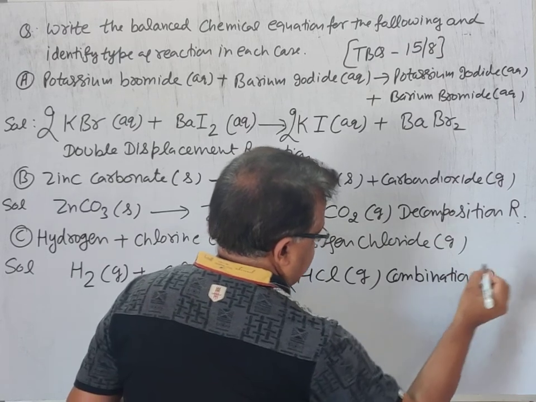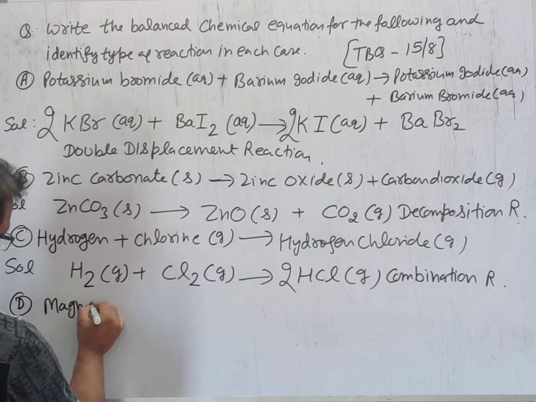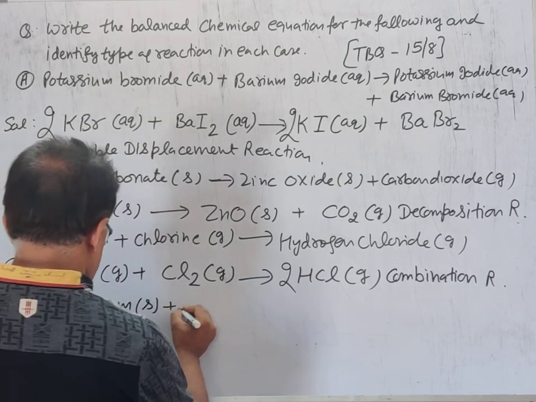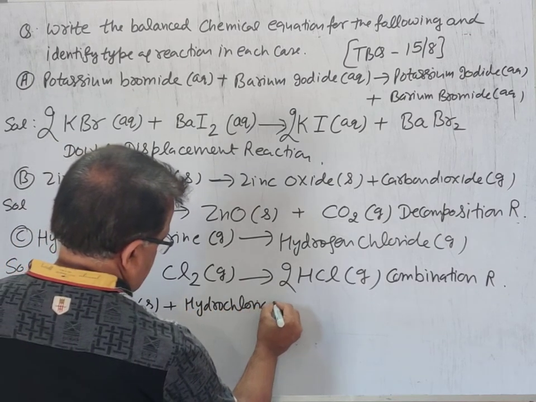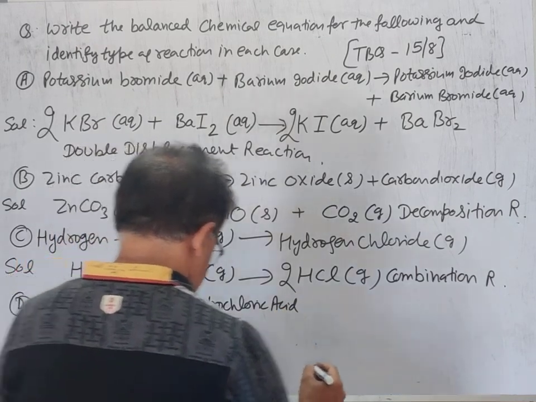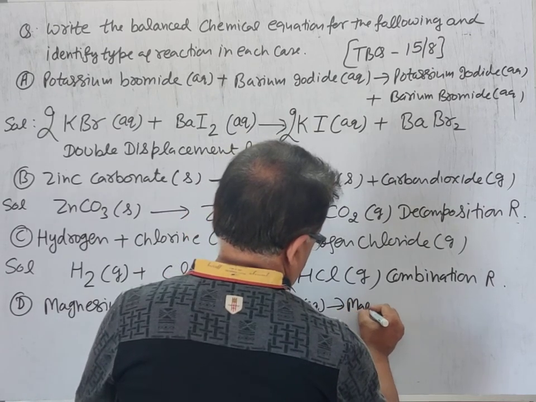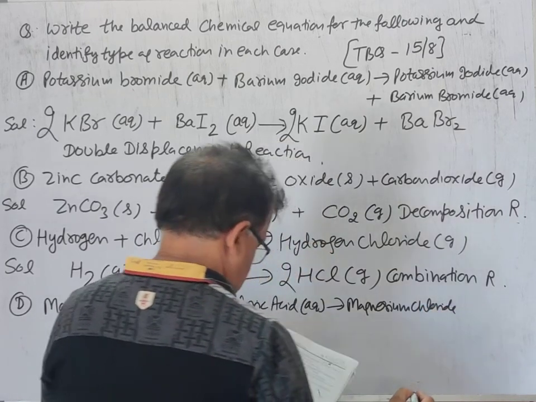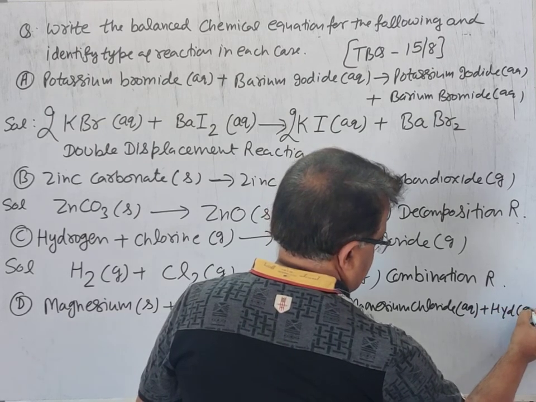So it is a combination reaction. Then the last part, that is magnesium, which is solid, reacts with hydrochloric acid, which is aqueous, to give magnesium chloride, which is aqueous, and hydrogen, which is gas.